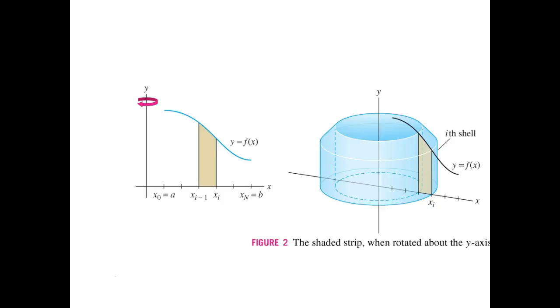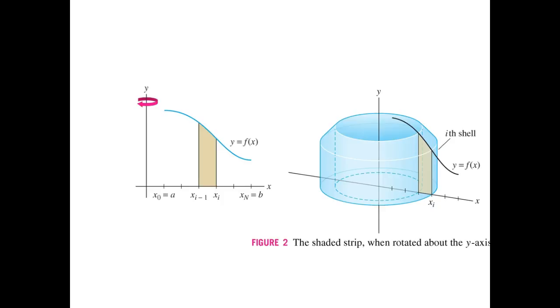If you knew x is a function of y, then you could do the disk method and do dy's. But then you have to know what this value is here, c, and this value up here, d. We don't know either of these, and we don't even know that this function can be written as x is a function of y. So let's use what we just did, the shell method.